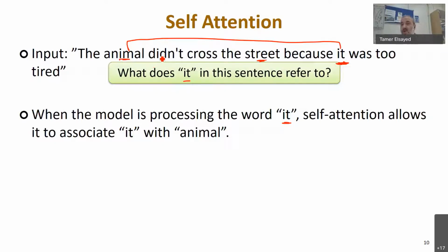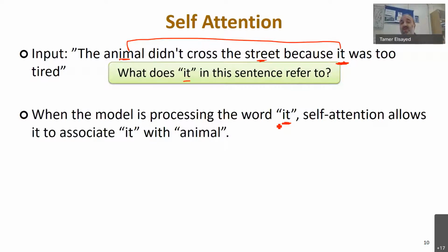The job of the self-attention layer is to find within the sentence, for each word, the other words that are related to it, so that when it encodes that word it considers the encodings of those related words.